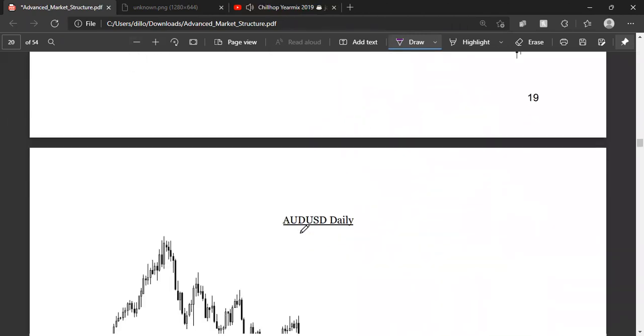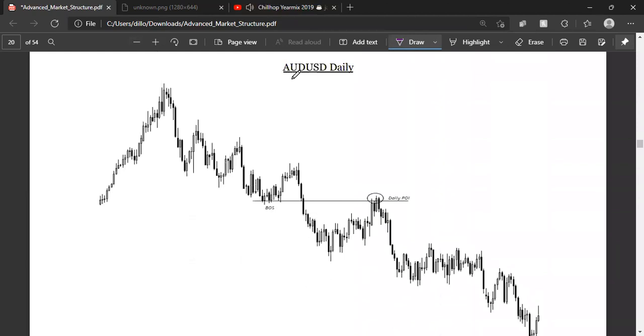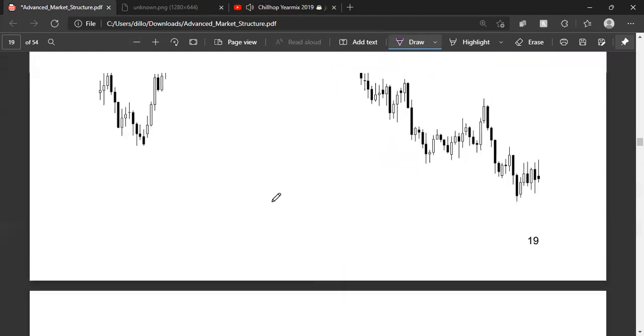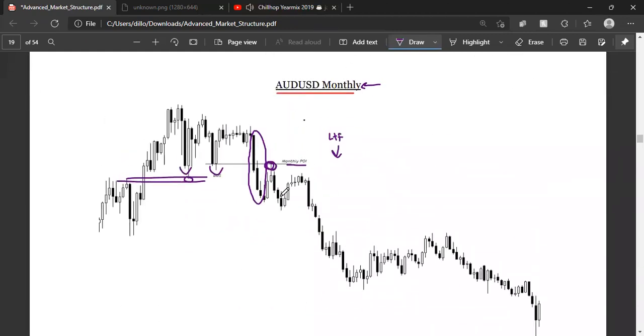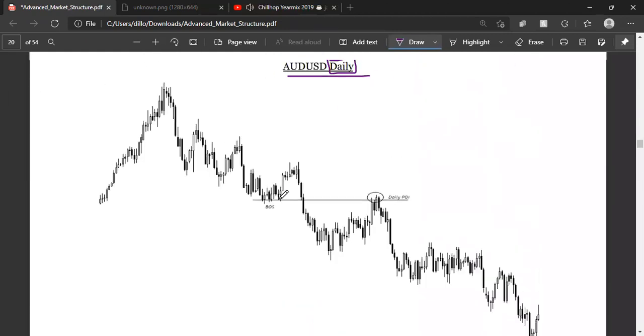So that was AUD/USD on the monthly. Next example, we've got AUD/USD again, but this time on the daily time frame. So just like how the AUD examples have been, what do we see? We see bearish order flow: lower lows, lower highs, lower low, lower high, lower low, lower high, lower low, lower high.